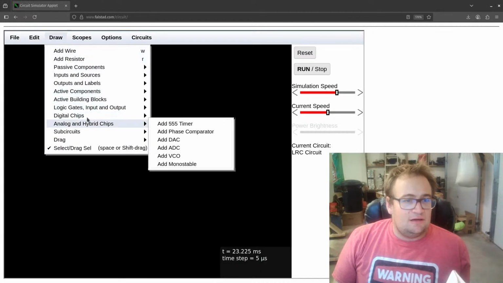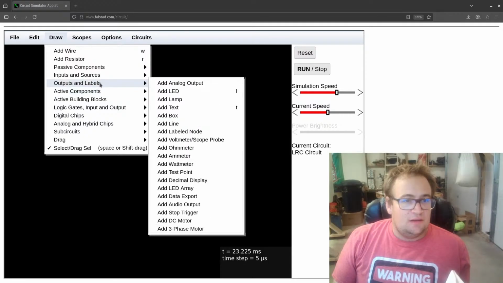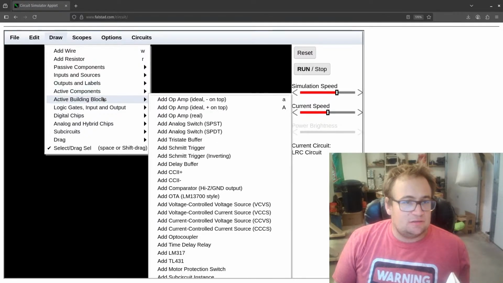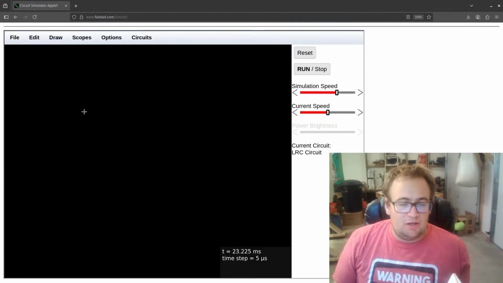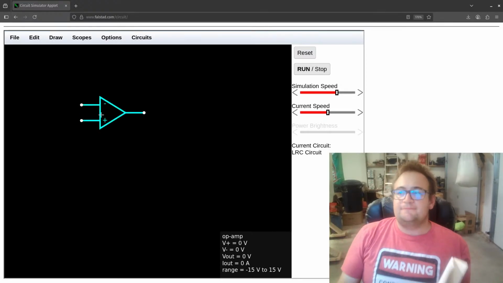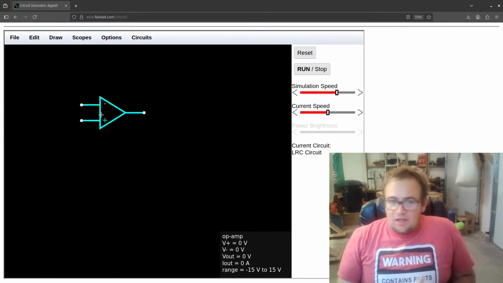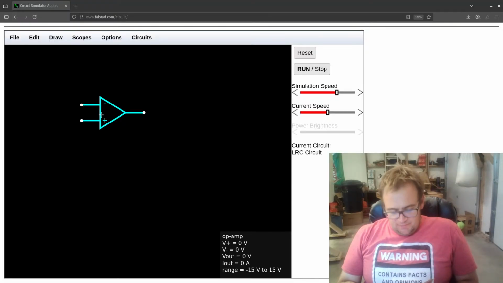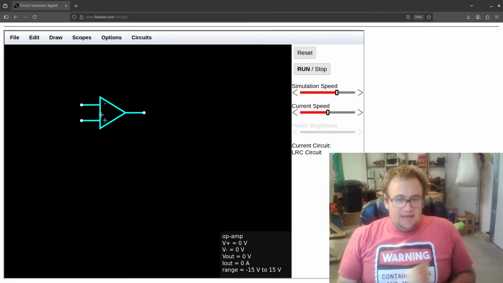So if I draw active components, active build and draw blocks, this one here is the op amp that we're going to be dealing with. The first page of the book goes over saying that the gain is infinite.